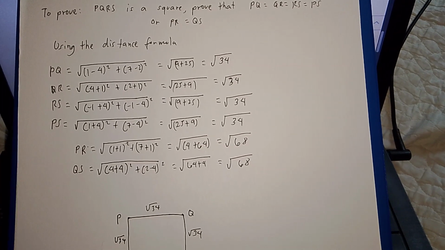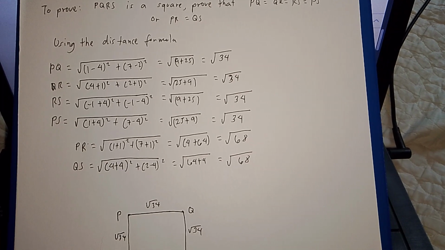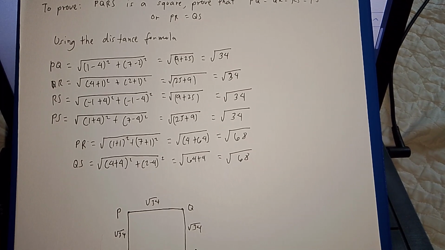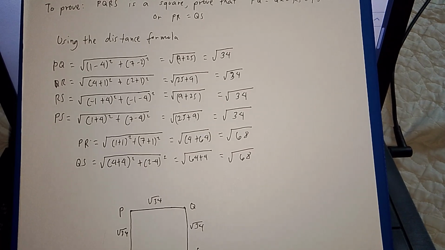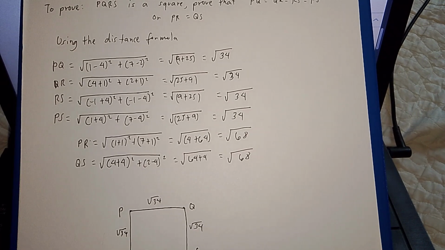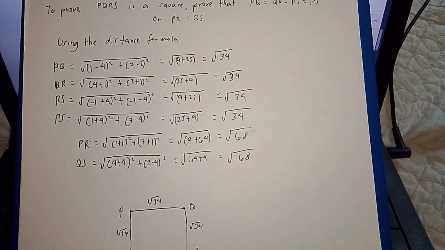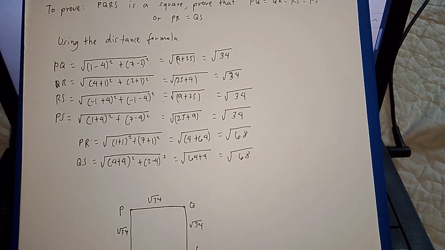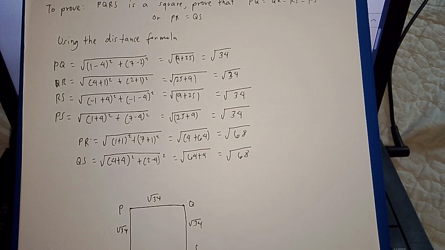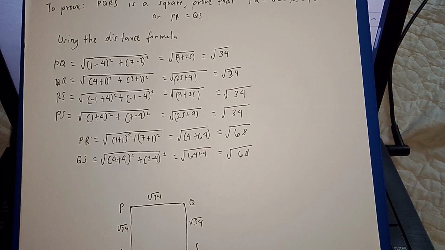So side SP. Same as what we did on RS. So again, my mistake. SP is equal to 1 plus 4 squared plus 7 minus 4 squared.